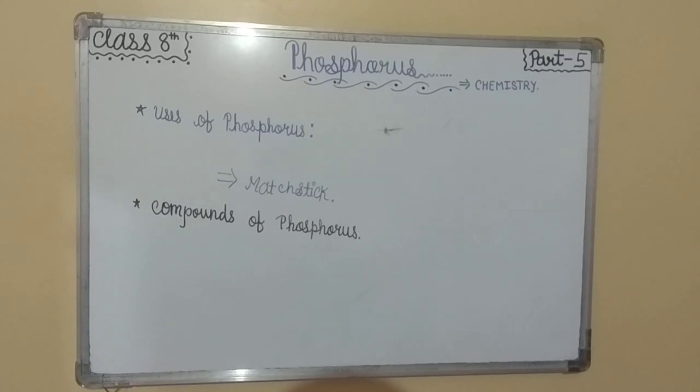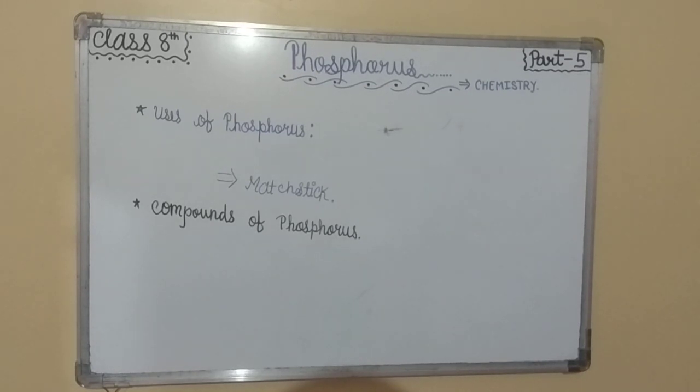Properties: reaction of phosphorus pentoxide with water. Phosphorus pentoxide has very high affinity towards water. First, it dissolves in cold water to form metaphosphoric acid, HPO3.